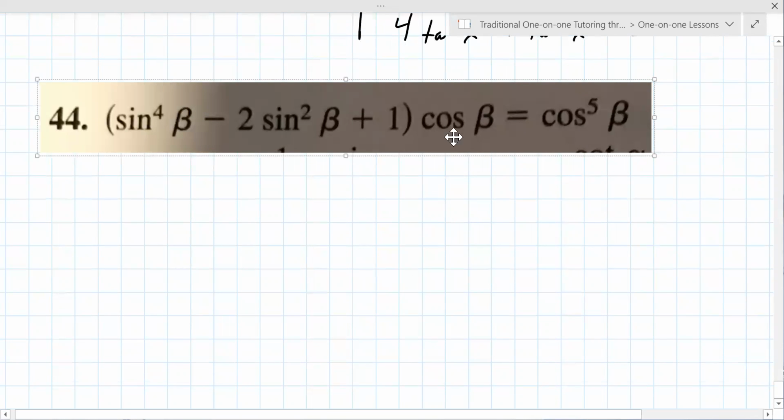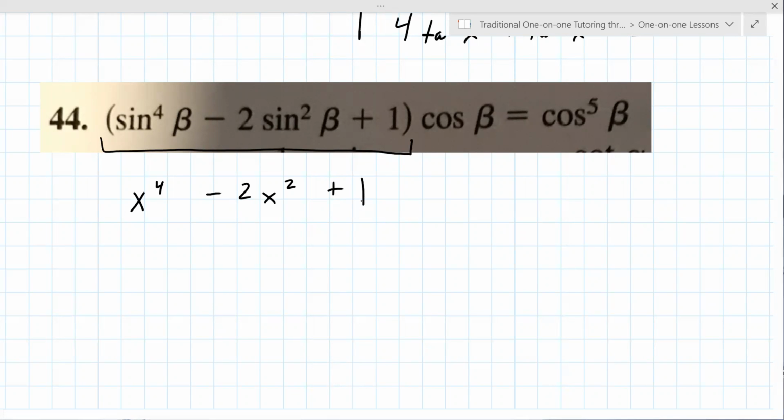Okay. So the left side is more complicated. Anything stand out to you specifically here? Oh yeah, factor.